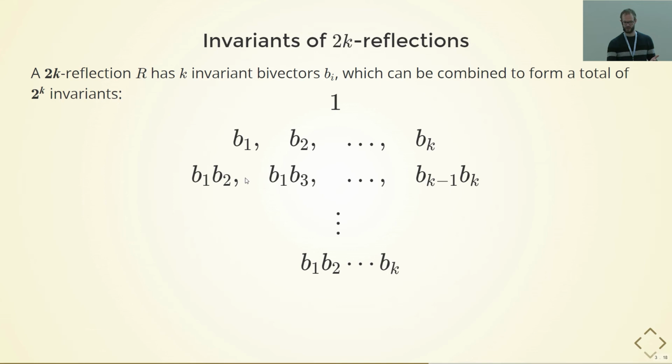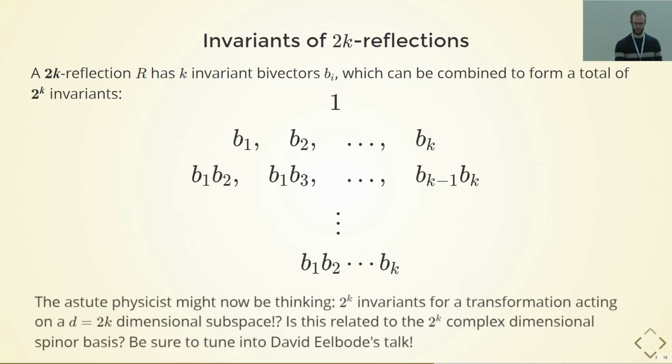And you can start combining them all the way up to the product of all of them, and that will also be an invariant. So in total, for a 2K reflection, you get 2 to the power of k invariants. And those are all valid elements of geometry.